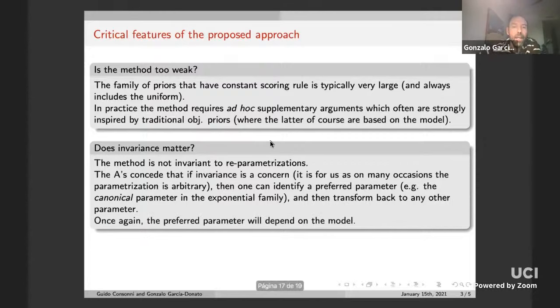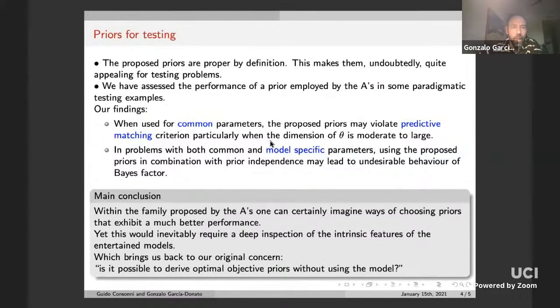But then again, you have to identify the model and use features of the model. For instance, which is the canonical parameter is connected with the model you are really using. So at the end, you are in a sense using the model. All these comments go in the direction that although you can have a nice proposal, if you want to refine it to produce something optimal, then you have to look at the model in a sense.